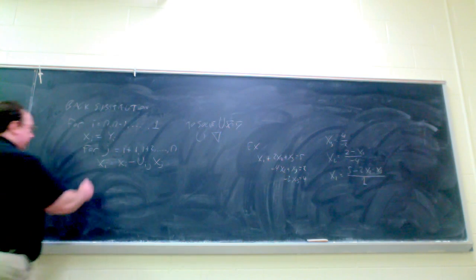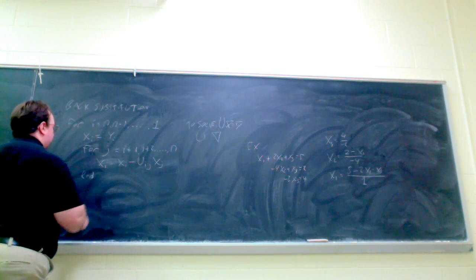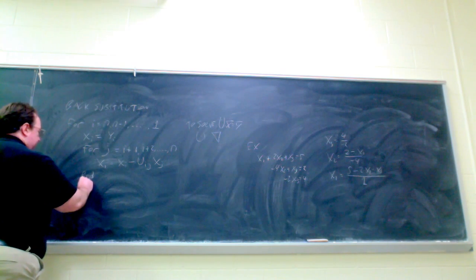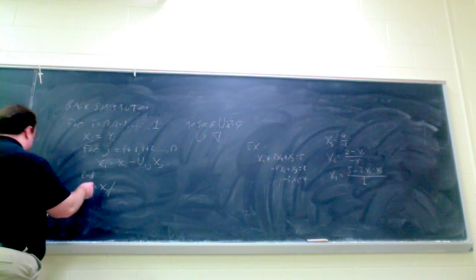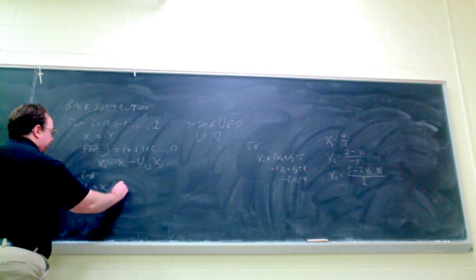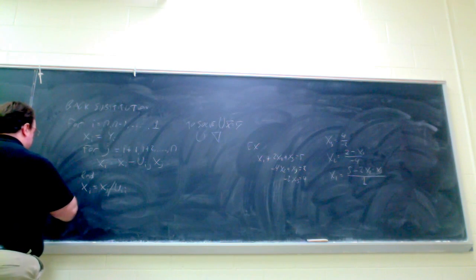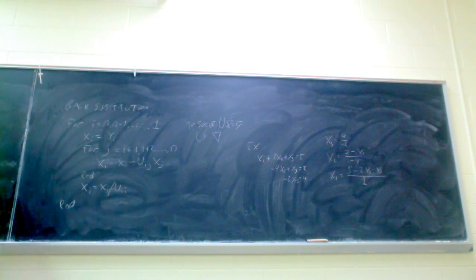And then, once that is finished, xi, to finish off, is itself divided by the corresponding diagonal entry, which had better not be 0, uii, and that's the end.